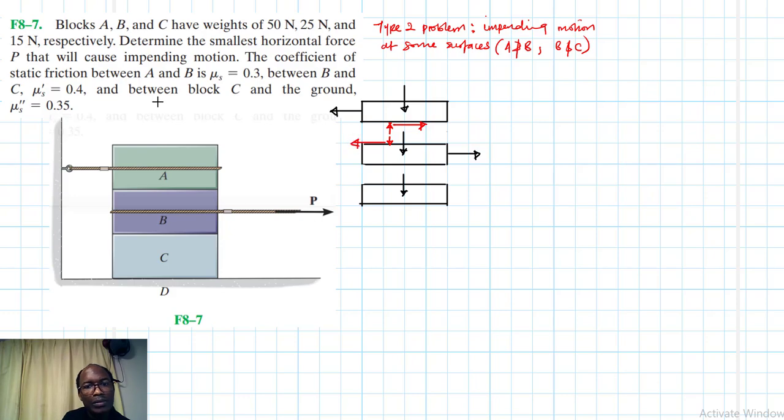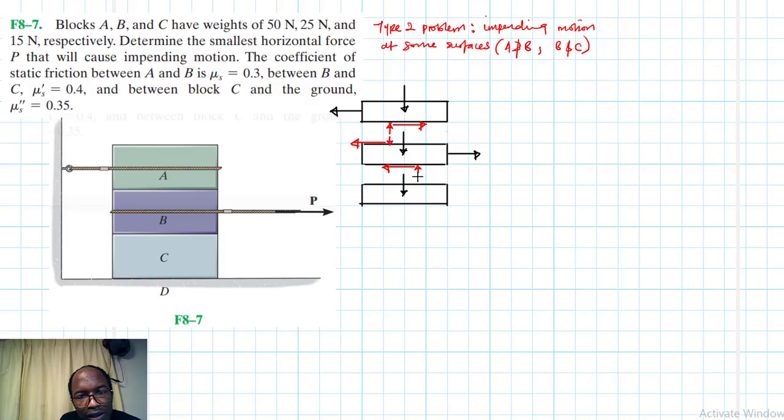And then here we are going to have the friction in this direction like so to oppose this motion, and then we'll have the normal force, let's say somewhere there. Sorry, I'm just trying to have some space.